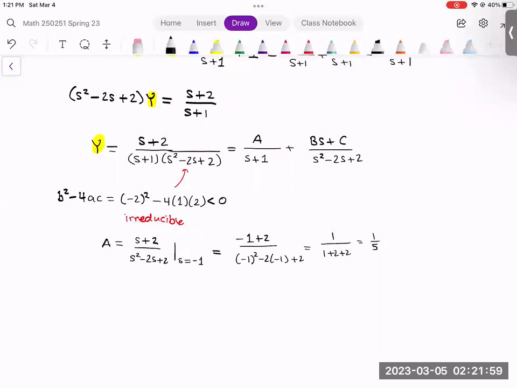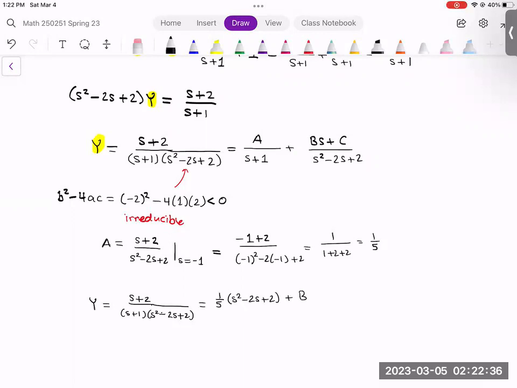Alrighty. So next up, we need to add these terms together in order to go forward. Okay, so our first term was 1/5 over s plus 1. When we find a common denominator, this is going to be 1/5 times s squared minus 2s plus 2.